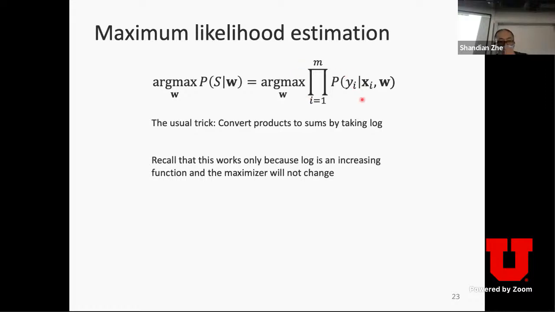And as we discussed before, we don't want to deal with a product of probabilities. Why? Because each individual number is very small, like 0.2, 0.1, 0.15, 0.8, something like that. If you have 1,000 examples and multiply them together, it's very easy to truncate to 0, so that will be very numerically unstable.